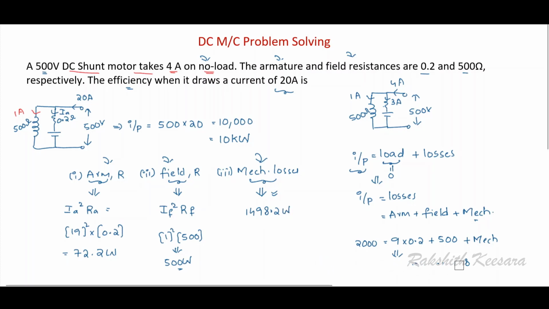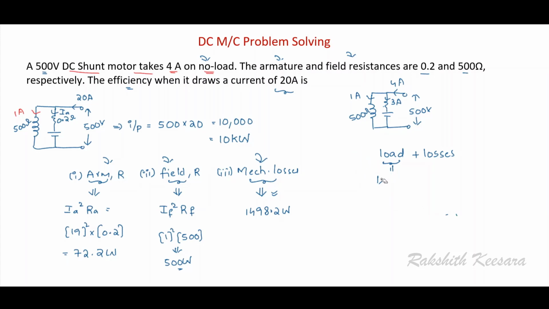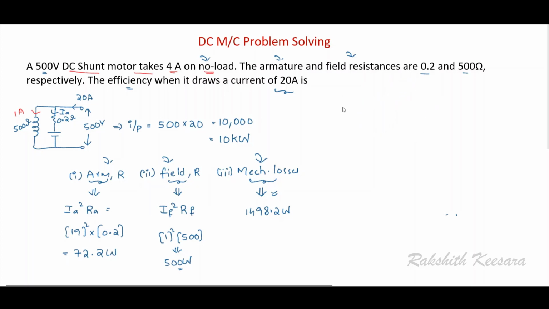Let us substitute all these losses in the efficiency equation. Efficiency is input minus losses by input.